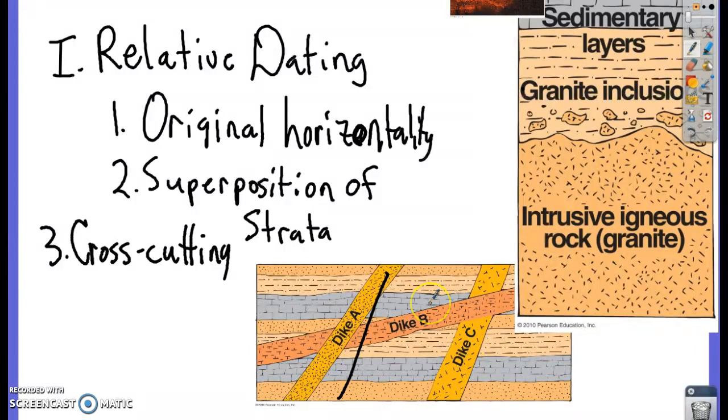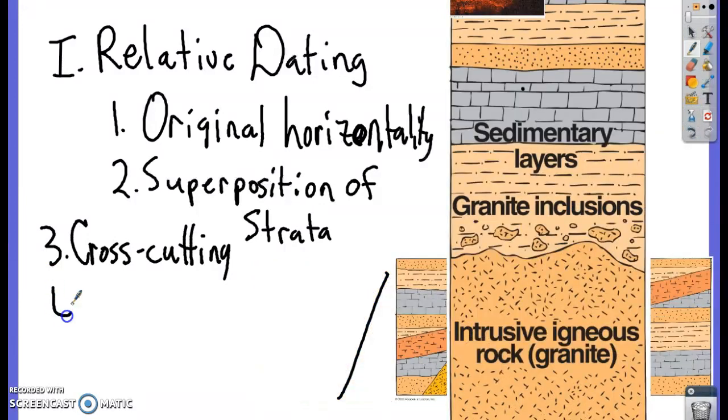C happened after all these layers were laid down because it cuts through them. B cuts through C, so B had to happen after C, and A cuts through dike B, so it had to be the newest or most recent one. This is the principle of cross-cutting. If something cuts through the layers, it has to be younger than those layers themselves.